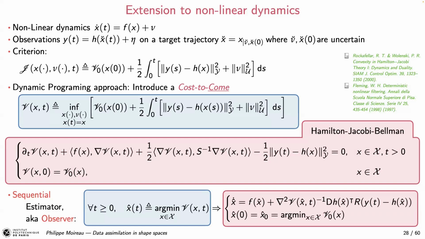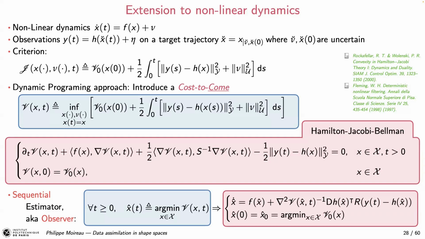And in fact, what you can prove is that this estimate follows a dynamics like that, which has the same structure as before. The only difference is that here you have the tangent of the observation, and instead of pi, you get the inverse of the Hessian of V.